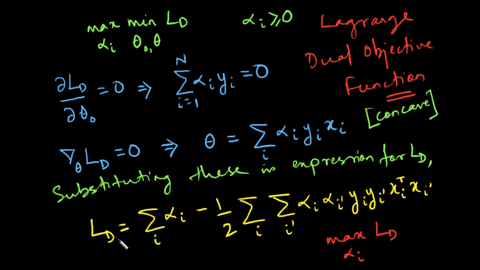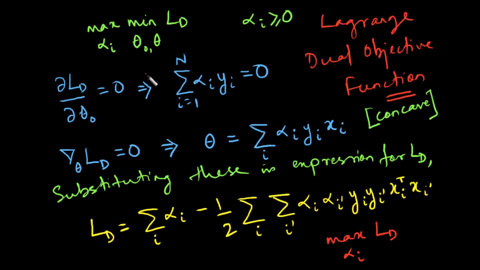We are not going to go into the details, but those who are interested are of course welcome to look it up on their own. So this essentially is what support vector machines is all about. But here there is one more condition, which is called the Karush-Kuhn-Tucker condition, which says that your parameters alpha i's are non-zero only for the points which are located on the margin.